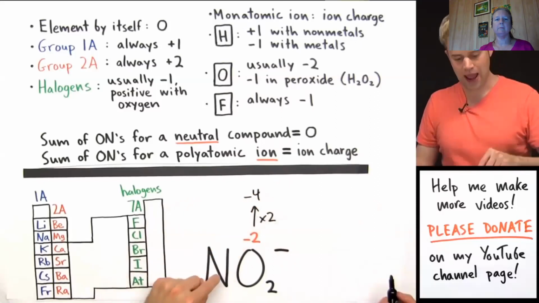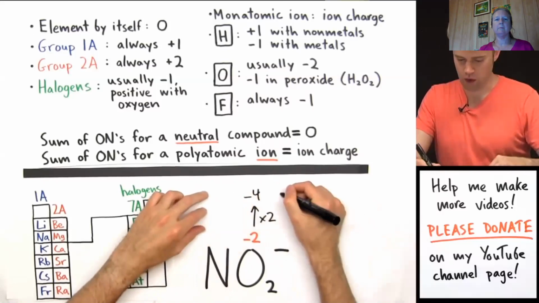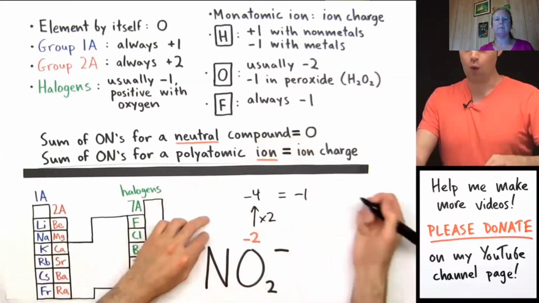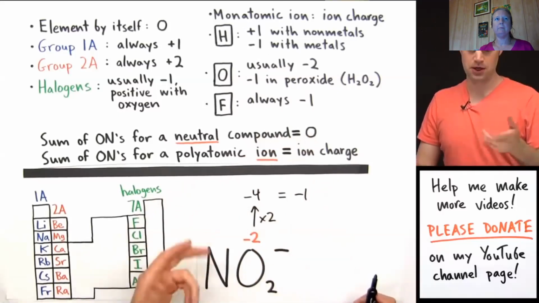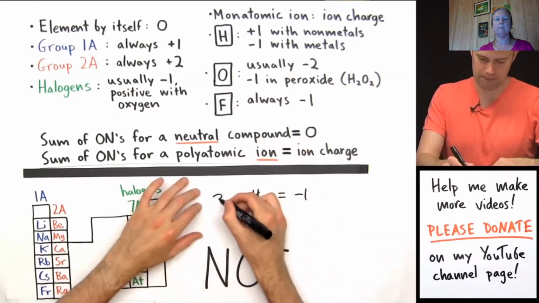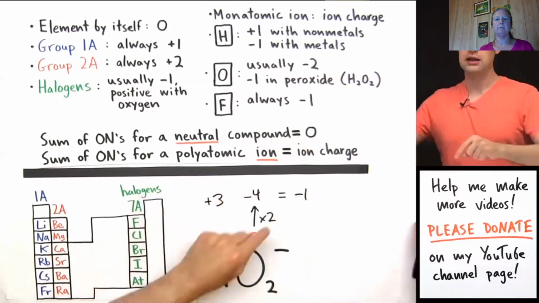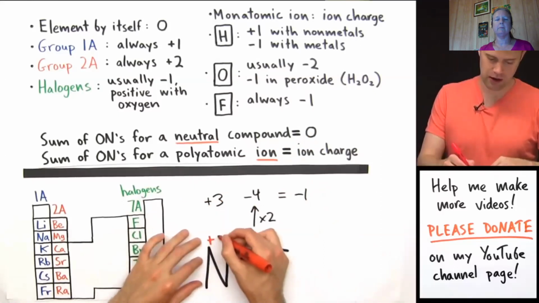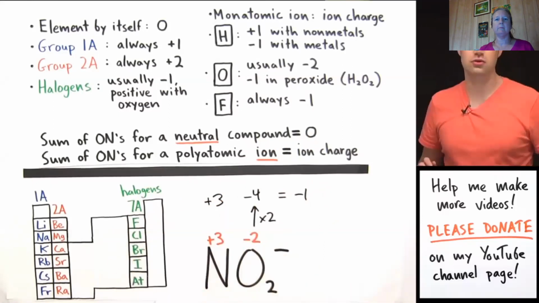Now, whatever nitrogen's is, when we combine it with -4, we need to get not 0, but -1, because that's the ion charge of NO2 1-. So this means that the oxidation number here on nitrogen is going to be +3.